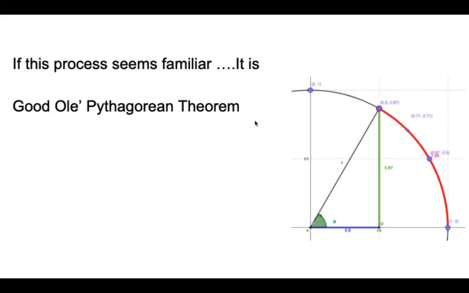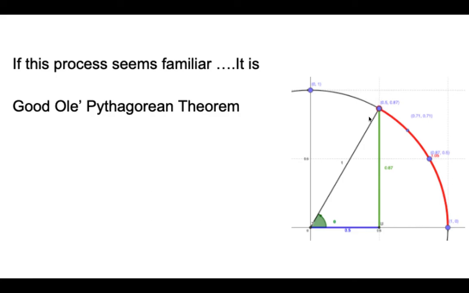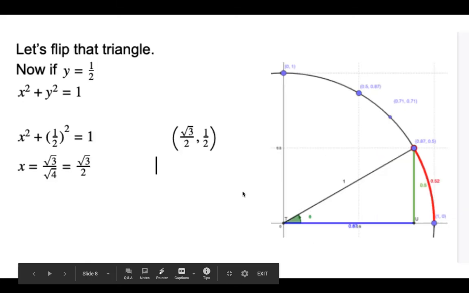If this process seems familiar, it is. It's the good old Pythagorean theorem. X squared plus y squared equals r squared, or c squared. And it's all based around this idea of right triangles, right? If you think about each coordinate of a point, the x-coordinate is the base, and the y-coordinate is the height of your triangle.